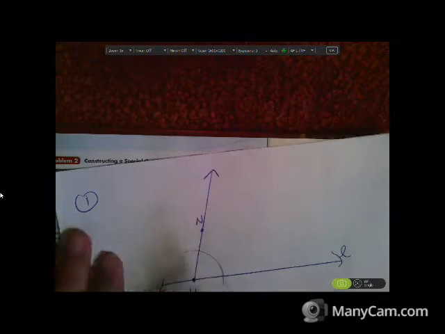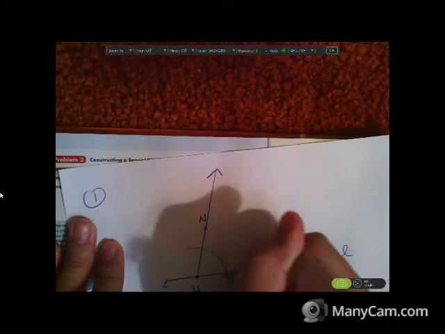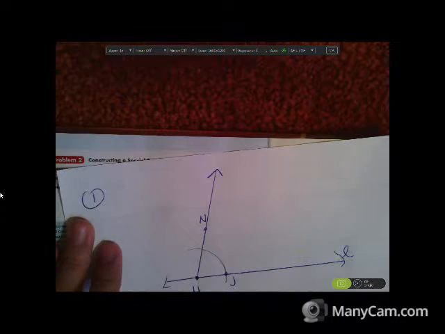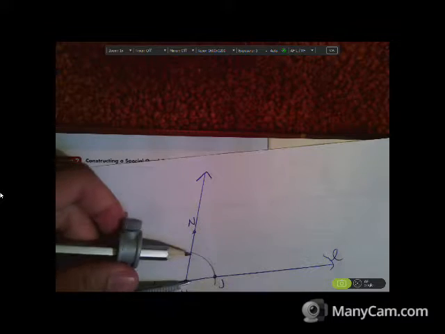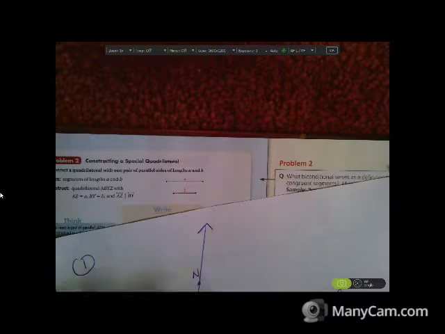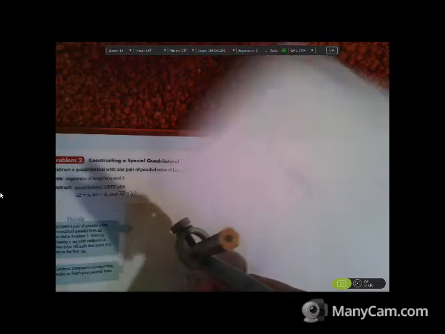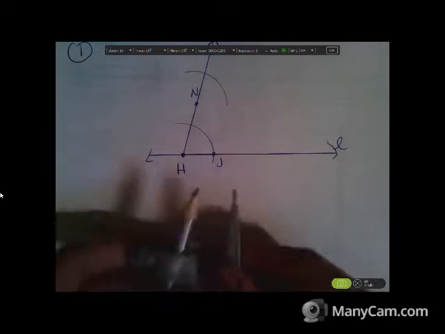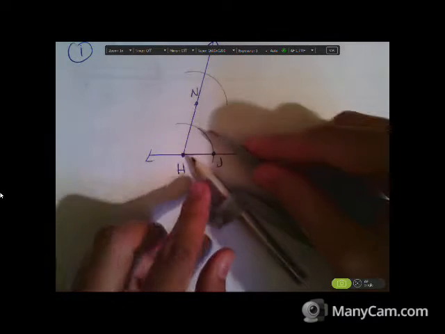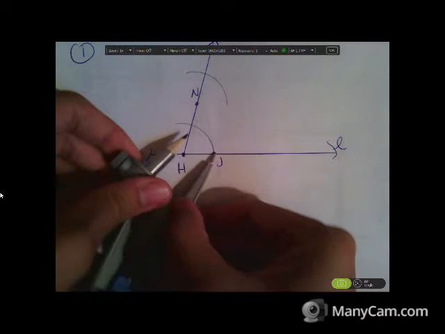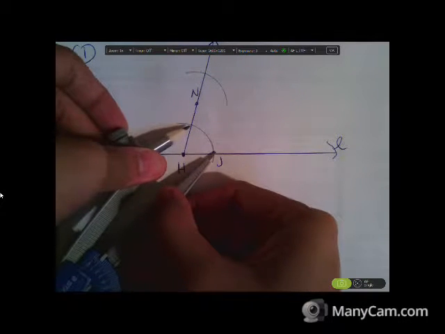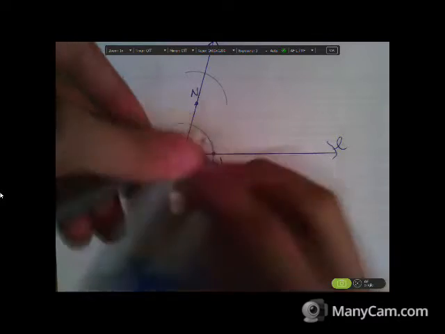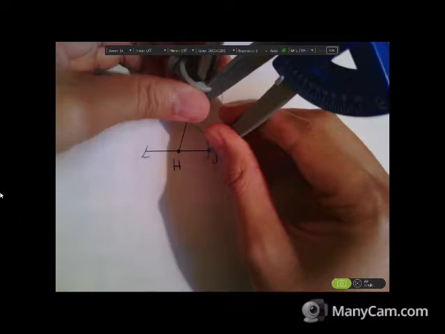And where this intersects, I'm going to call this J. Using this same setting, I'm going to do it from N. Draw an arc from N. And after that, I'm going to get the width between J and here.